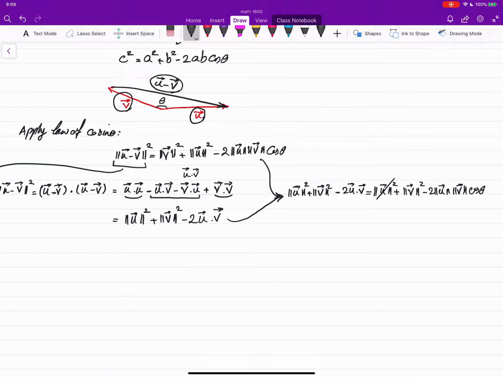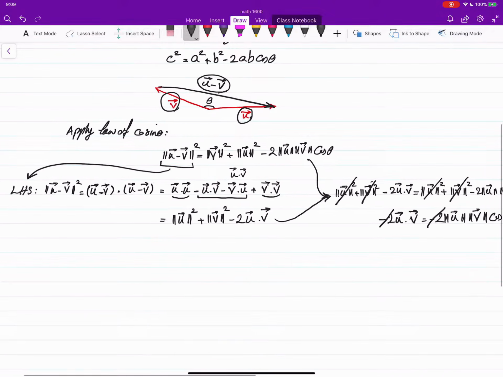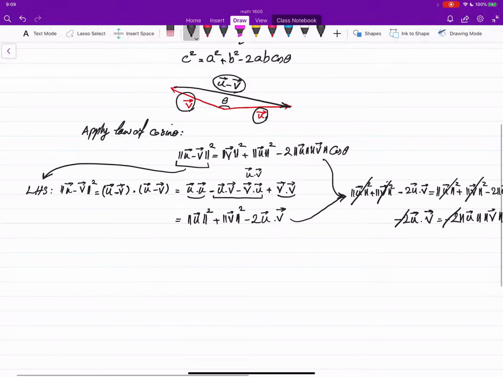Well, this cancels with that, that cancels with that, and then we have negative 2u dot v is equal to negative 2 length of u length of v cosine of theta. Well, these negative 2's can be cancelled also. Let me write the formula we just found.